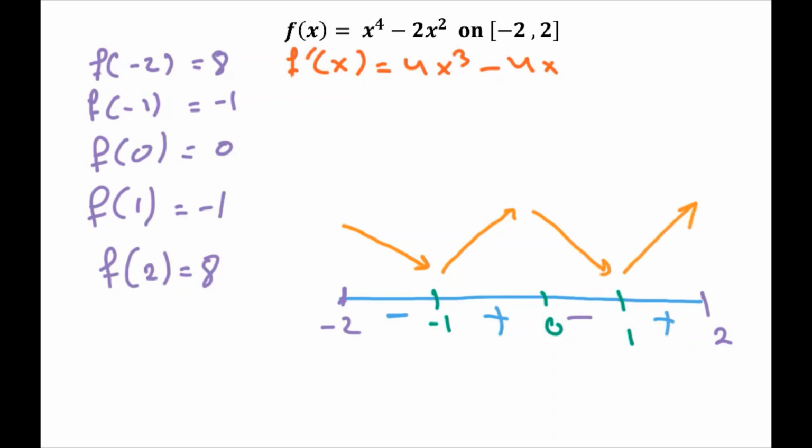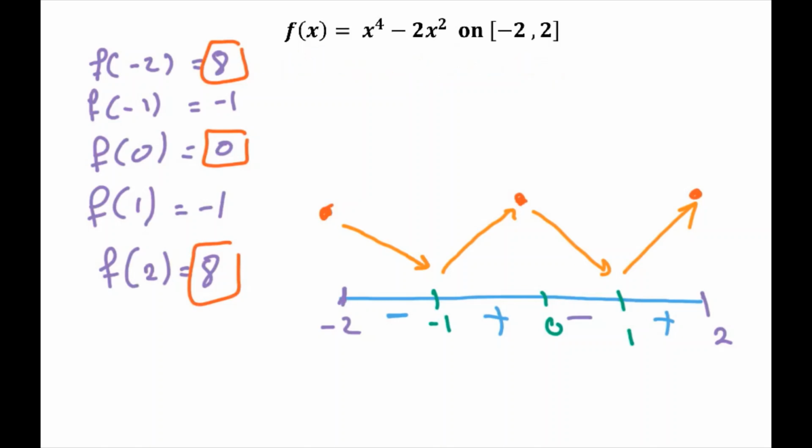So by doing this, we will notice that this was up, up, down, up. So these points, this one and this one, are maximum values. Now we need to tell which one of them is absolute. The one that has a bigger f value is going to be an absolute. So by doing this, we notice that these two are bigger than 0.